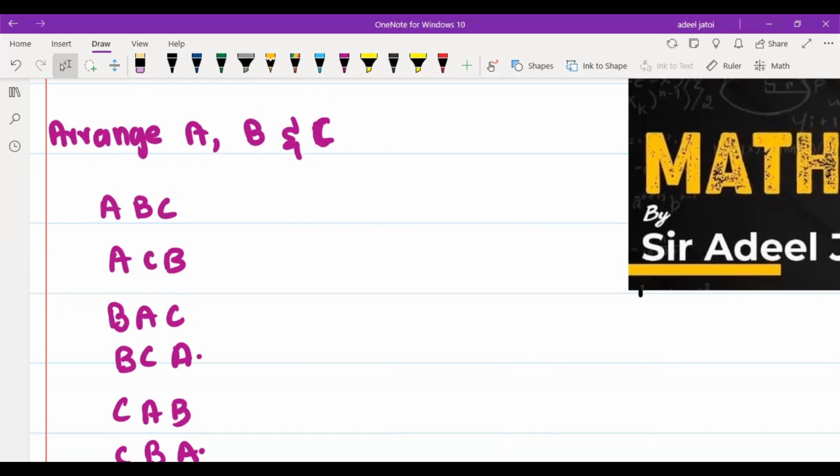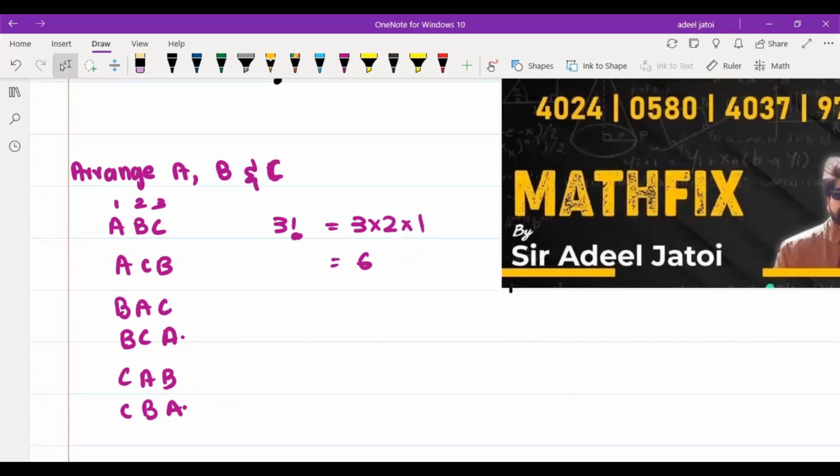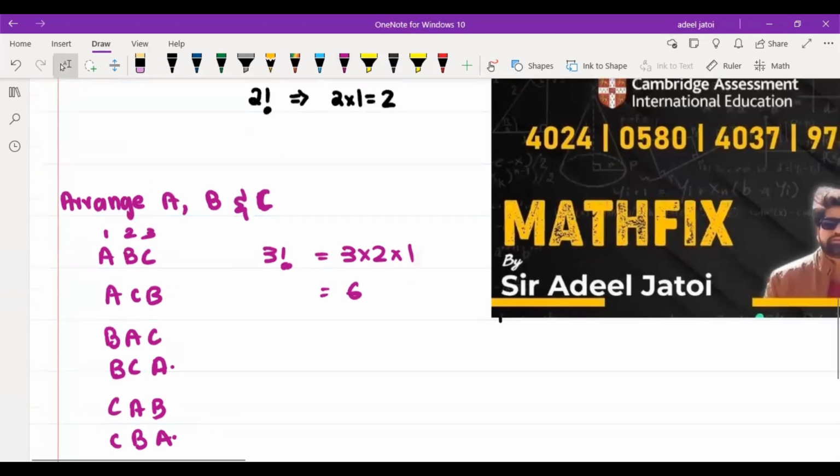Initially we had 3 letters, so to arrange, we do 3 factorial, which means 3 into 2 into 1, which is 6. So this concept means we can always arrange the letters according to the number of letters or numbers given. We count the numbers and apply the factorial for the arrangement.